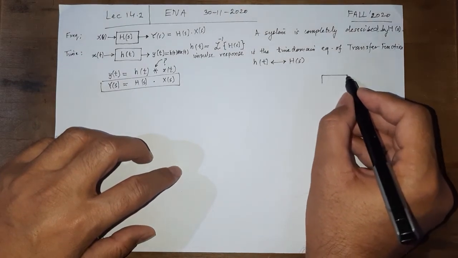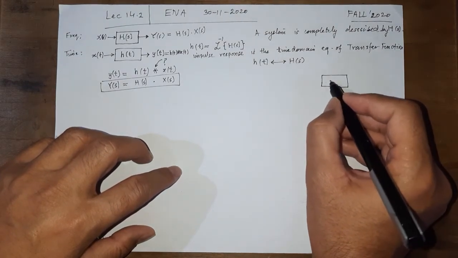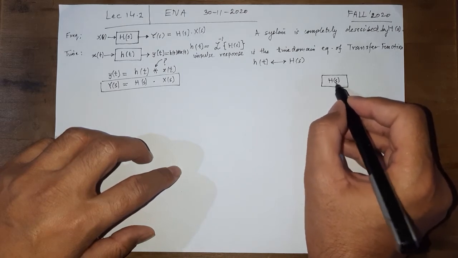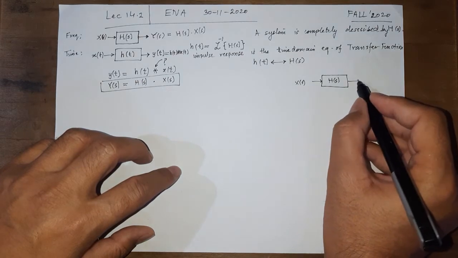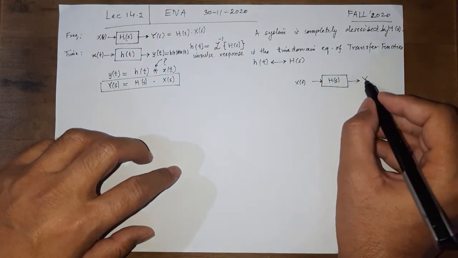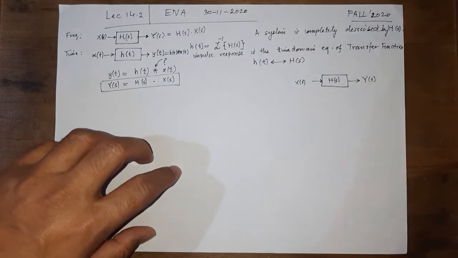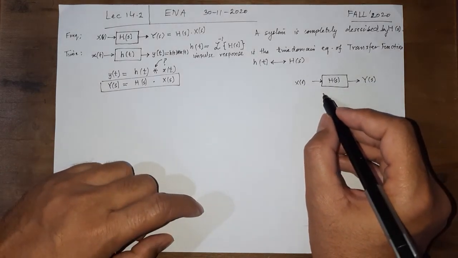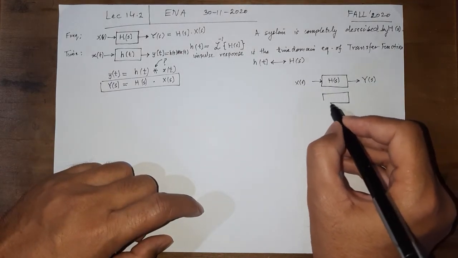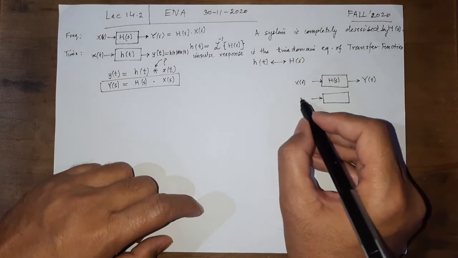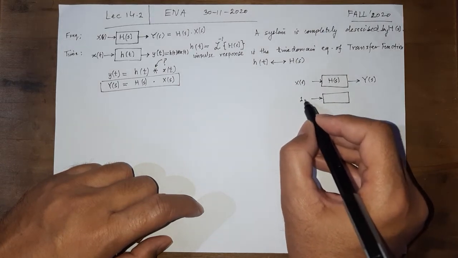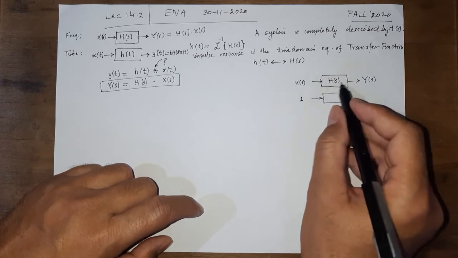So let us say we have a system h of s with input x of s and we get the output y of s. I ask you a question. What if we apply an input of 1 in the frequency domain?